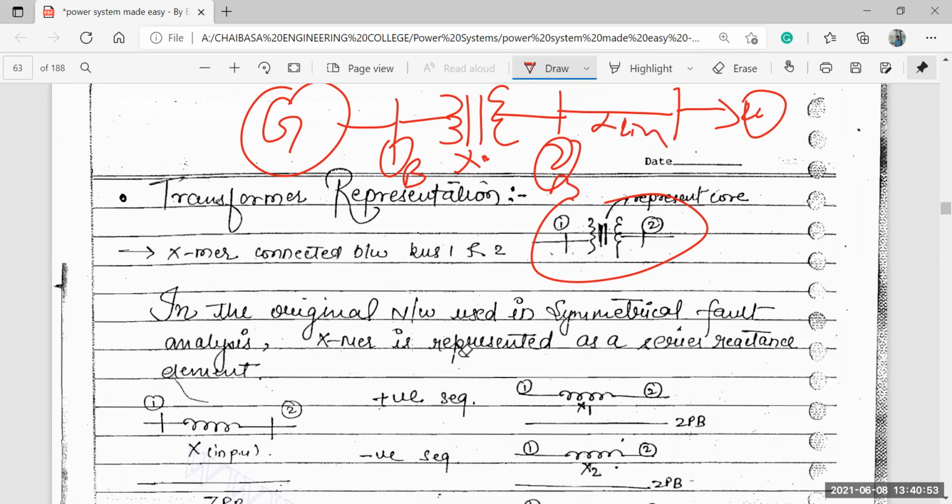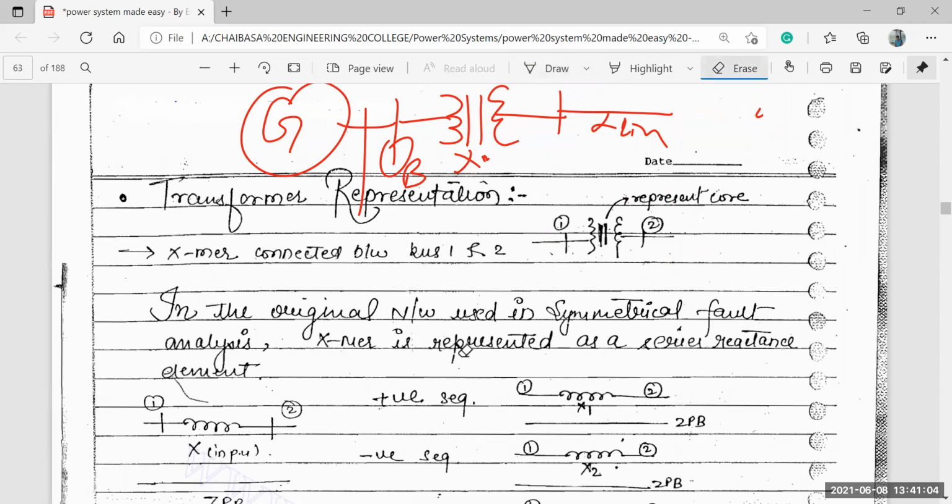This particular domain is your transformer. So we will see the transformer representation, how it can be represented and what could be done.